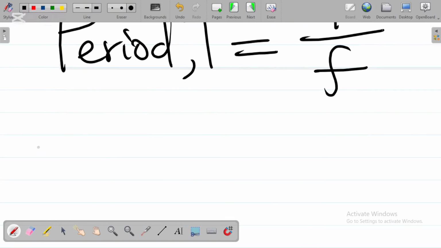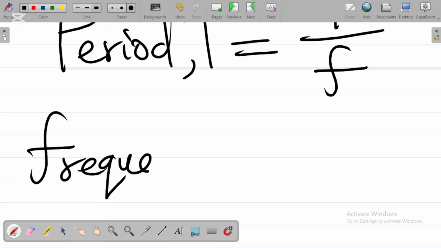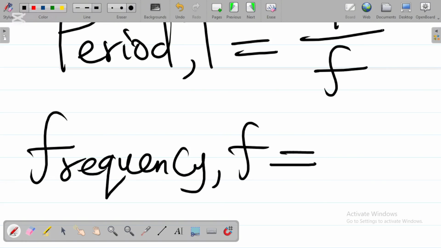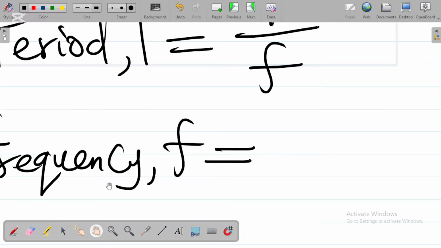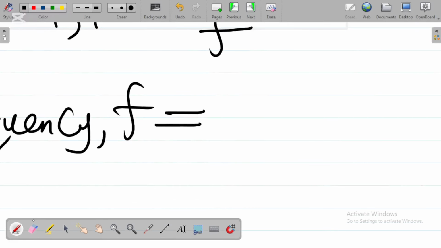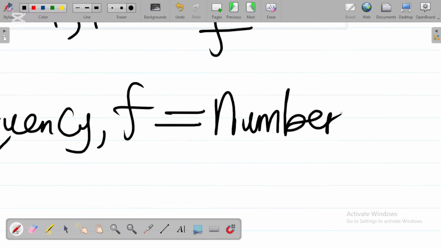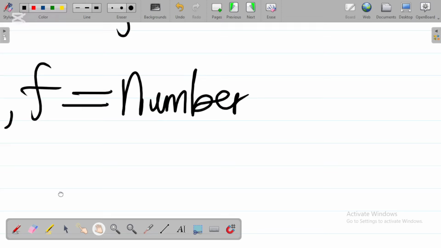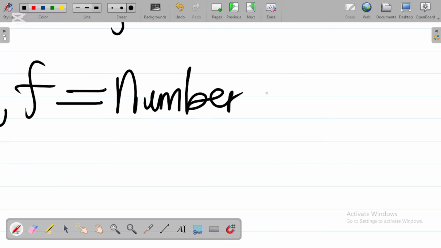Where frequency F is the number of circles.